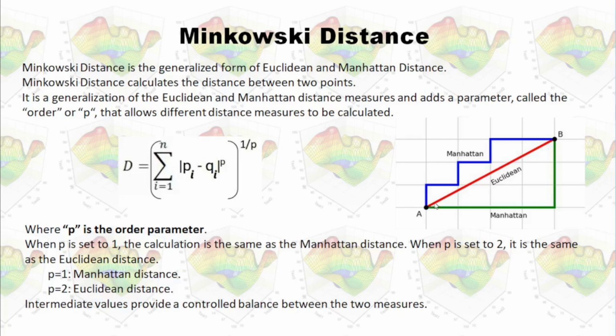It will be this distance. And also p can take 3, 4, 5, or 6. Later, I'll show you all the results when we set different values for p for this Minkowski distance.